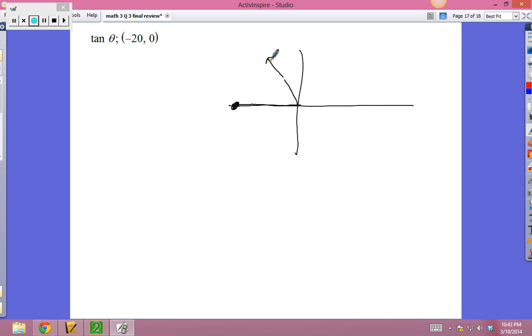Now if I grab this point with my finger right here and I swing it so that it lies right on 180, this time this is my r. As I swing it and land it right on 180, the height, this is the y, is going to shrink, but the x is going to get bigger and bigger. So as I bring this side down, my y is going to be 0. There's not going to be a height, but my x is going to equal whatever the r is.